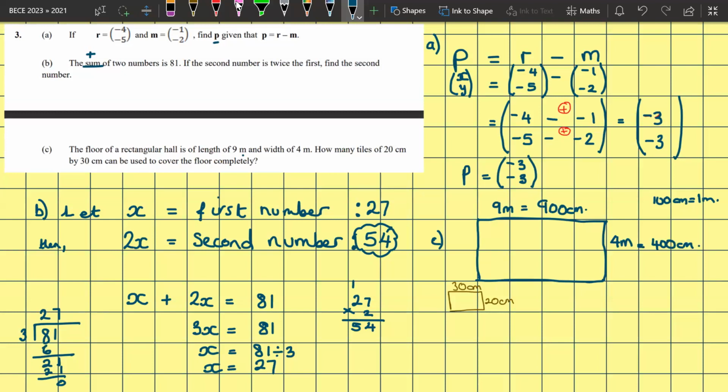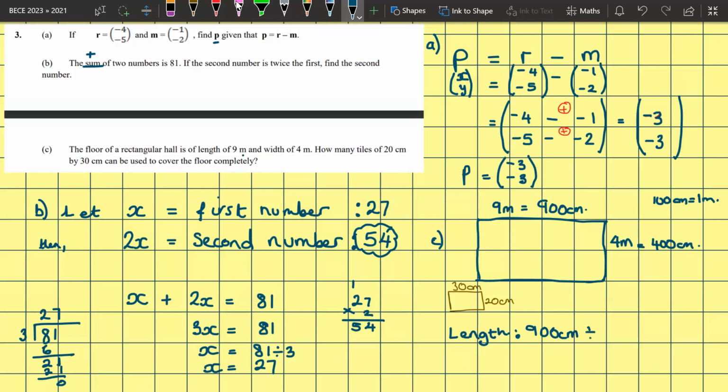Okay, so how many of the smaller tiles would fit on the floor of this rectangular hall? So we'll start with lengthwise, how many tiles would fit. The length of the smaller tile is 30 centimeters, and the length of the hall altogether is 900 centimeters. So how many 30s would fit along the 900 centimeters?